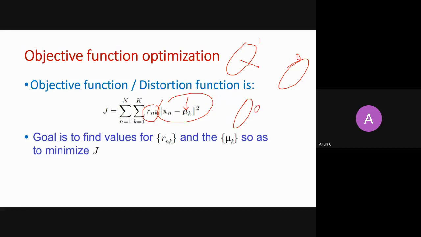Then we said that once you fix r_nk, it means that in the first iteration, when you optimized over r_nk, you have found out which x belongs to which cluster. And a cluster is represented by the centroid element mu1, mu2, mu3.